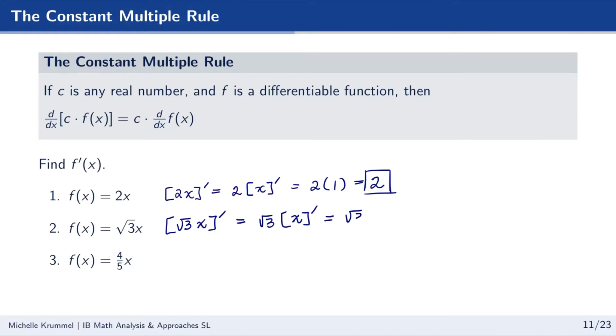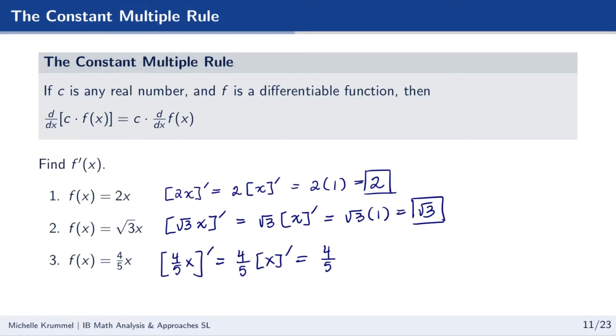So this is root 3 times 1, or just root 3. The derivative of 4/5 x is 4/5 times the derivative of x. And the derivative of x is 1, so 4/5 times 1, 4/5.